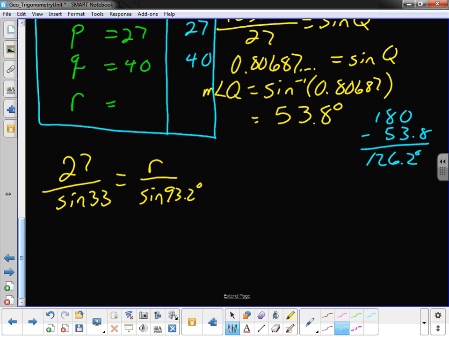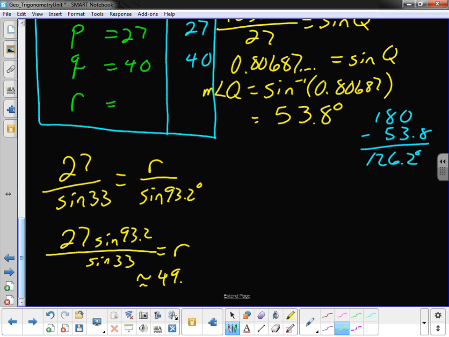So 27 times the sine of 93.2, all divided by the sine of 33, gets me R to be around 49.5 to the nearest tenth.